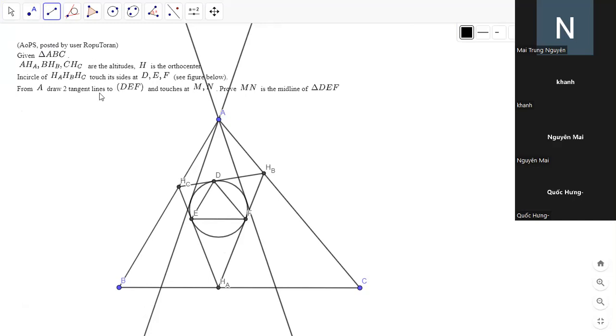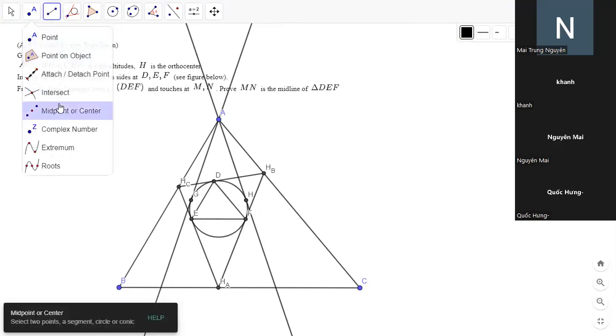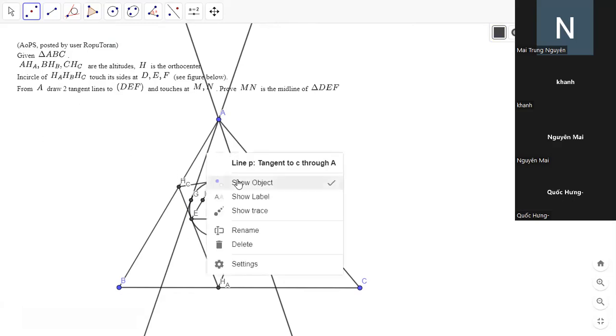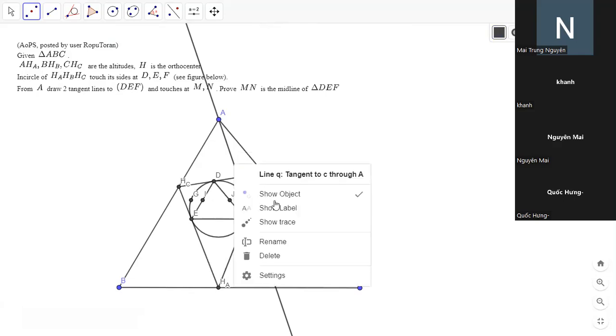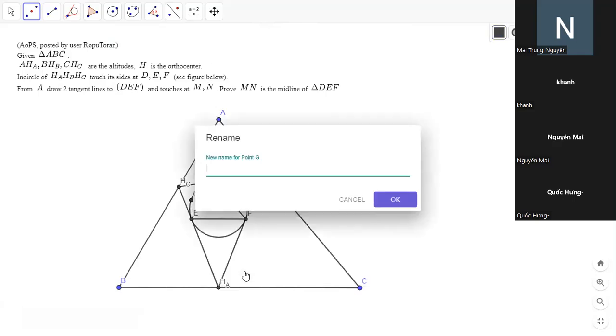So we have these points, but then if I draw the midpoints of DE and DF, so that's I and J, basically we want to show that these are all collinear. So I'm gonna call these M and N because that's what it was in the problem.